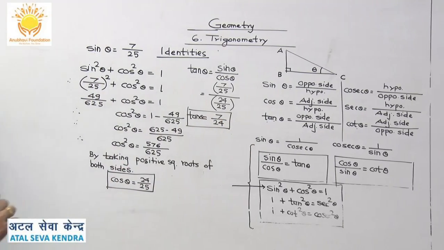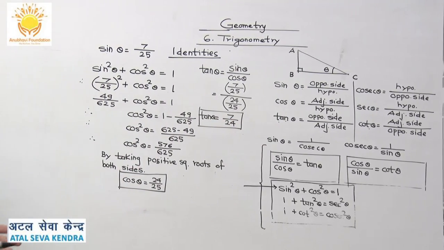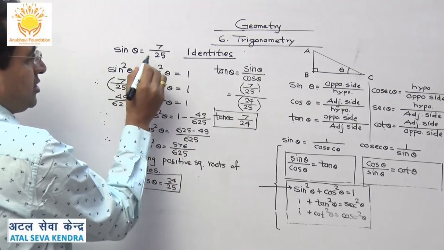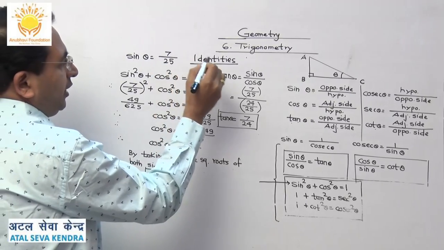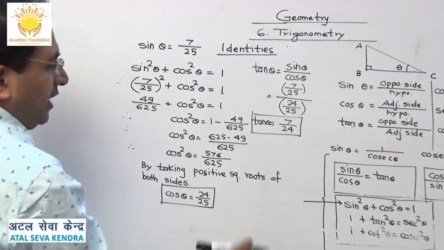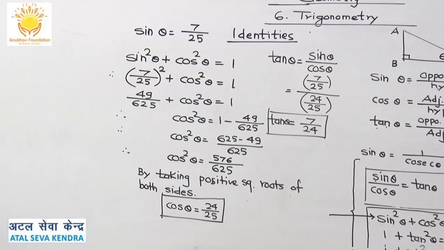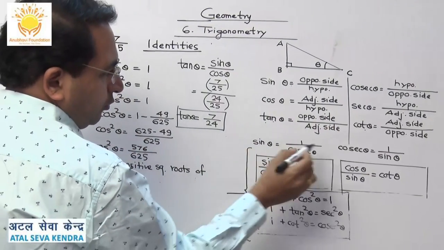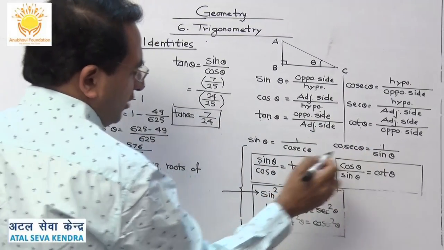Highlight this, because the examiner is about to check these values. So if you are asked the question, find the remaining trigonometric ratios, then we should get 5 answers. Now tell me the next one. Now cosec theta, I have written here, cosec theta, the formula is 1 upon sine.